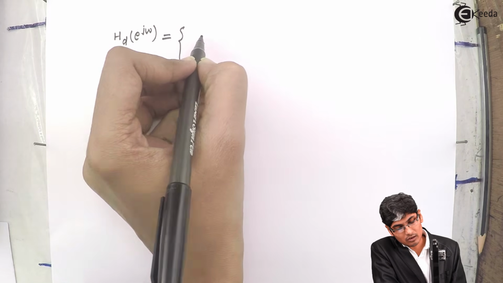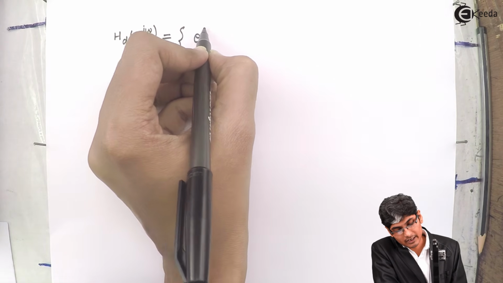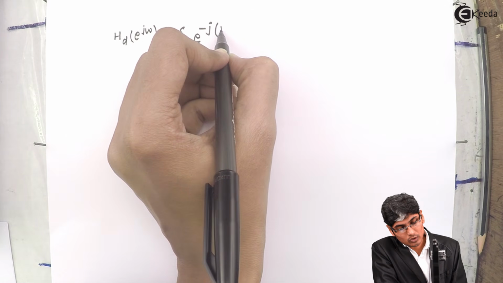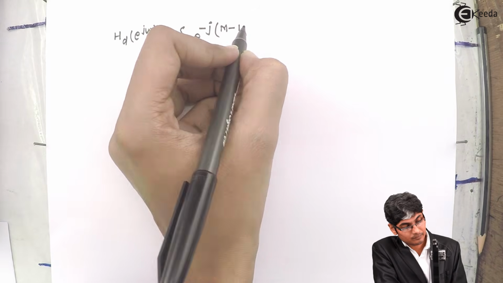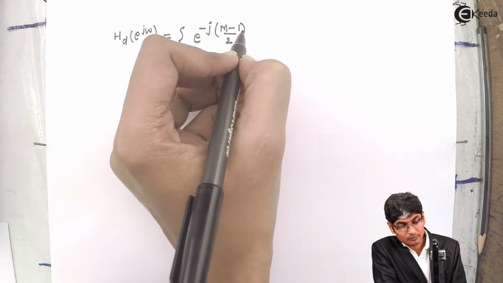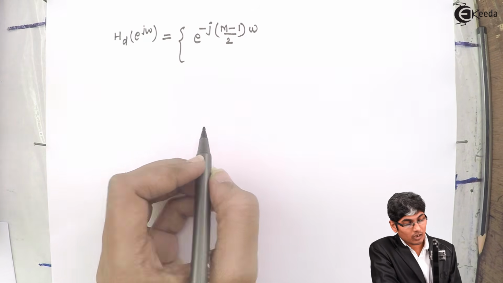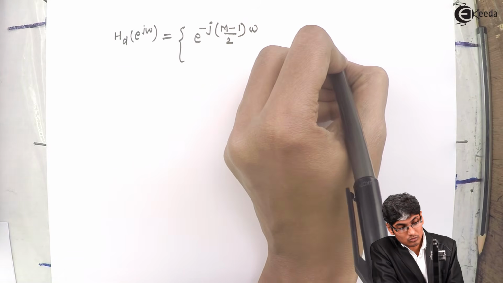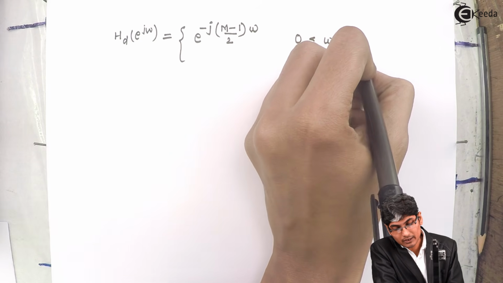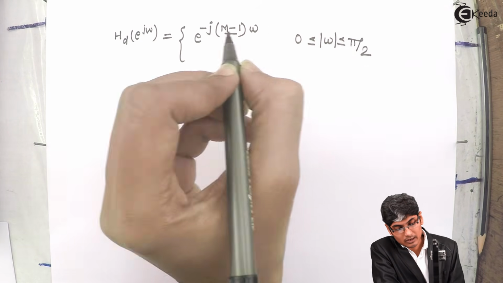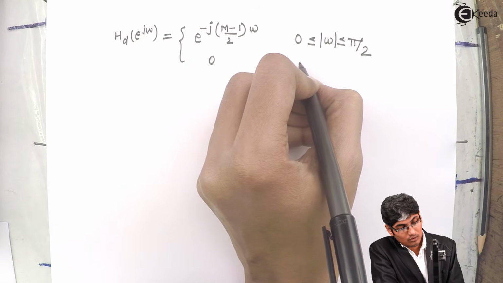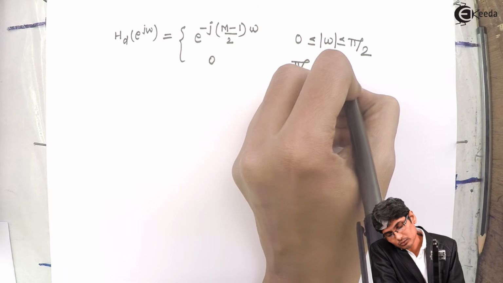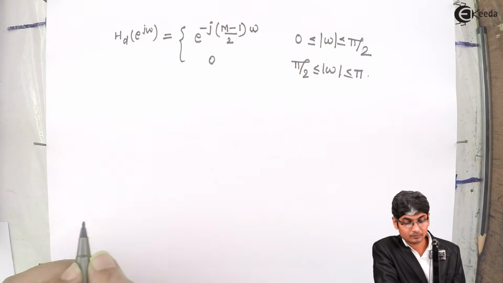So Hd of e raised to j omega is given as e raised to minus j omega into (M minus 1) by 2, for 0 less than or equal to mod omega less than or equal to pi by 2, and is 0 for omega ranging from pi by 2 to pi.